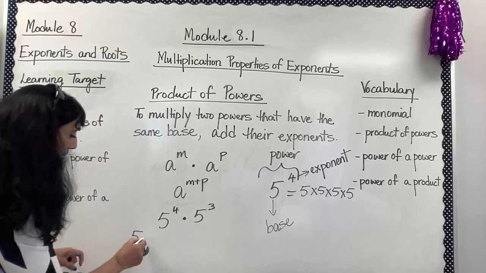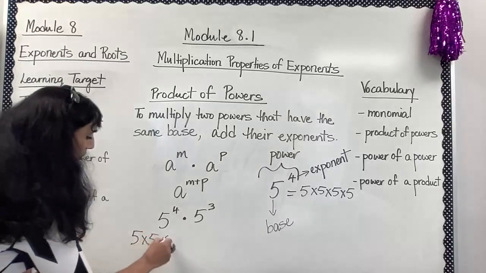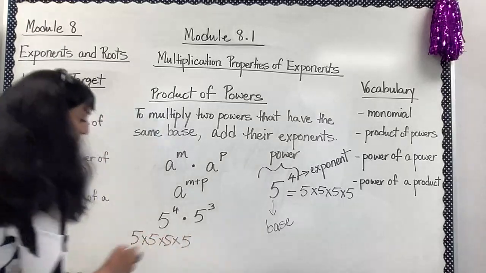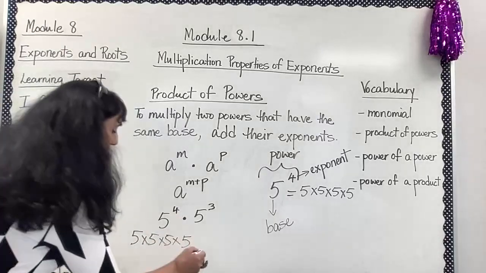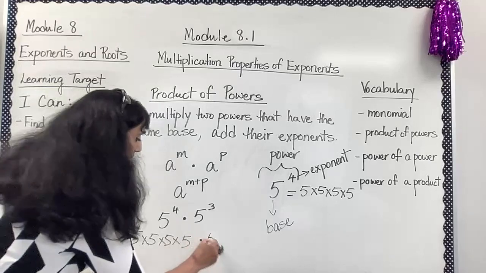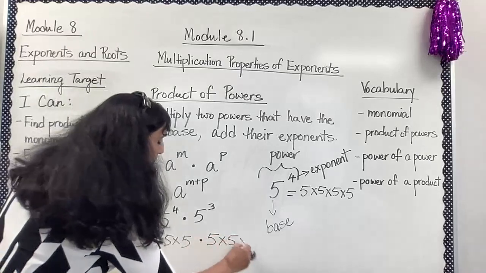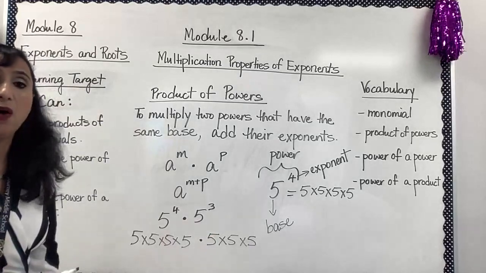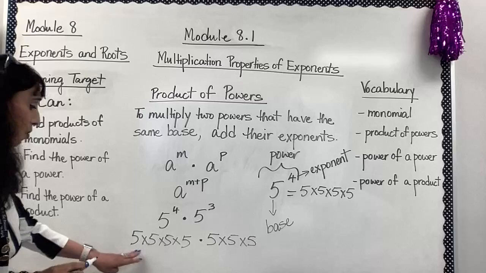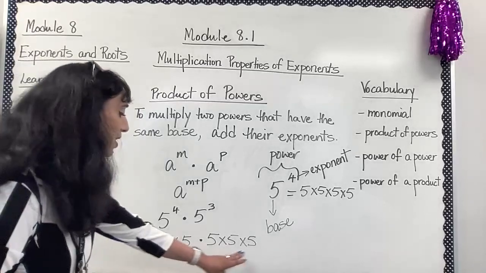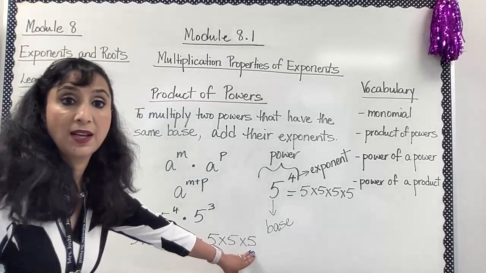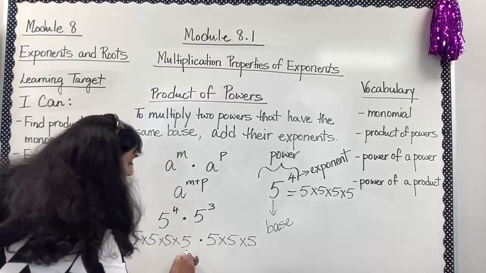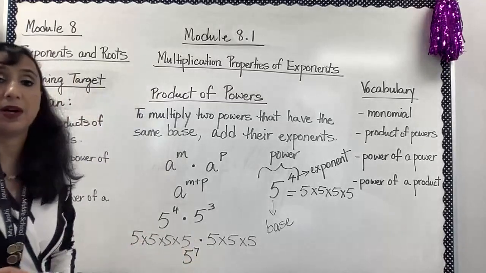This is 1, 2, 3, and 4, and then I have times 1, 2, 3. So basically, 1, 2, 3, 4, 5, 6, 7. I have 5 to the 7th power.